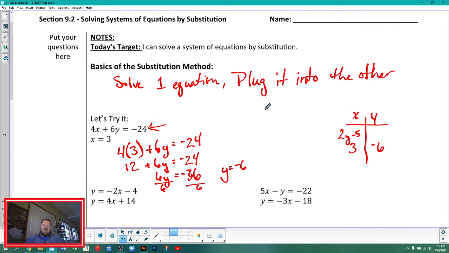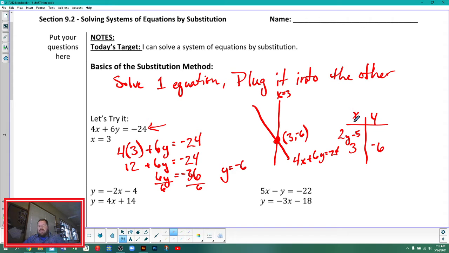Okay, so we've got one line that goes like this, and another line that goes like this. This one happens to be x equals 3. This one happens to be 4x plus 6y equals negative 24. And these two lines end up crossing down here at 3, negative 6. That just happens to be the case on this one.